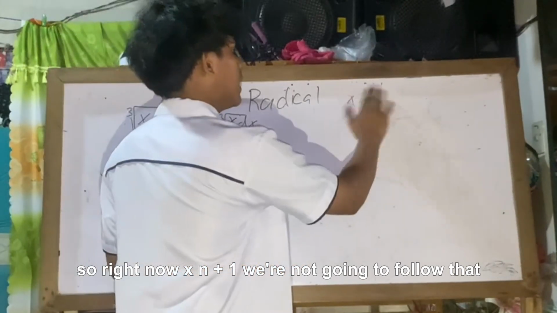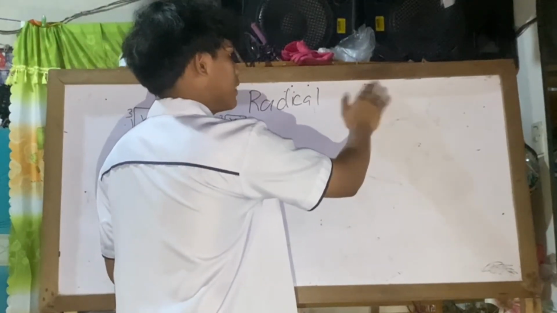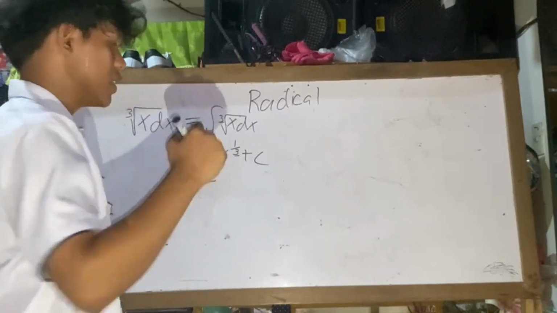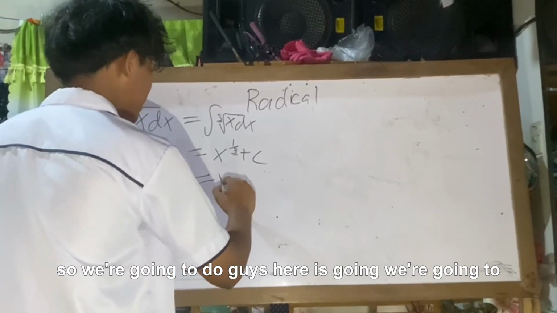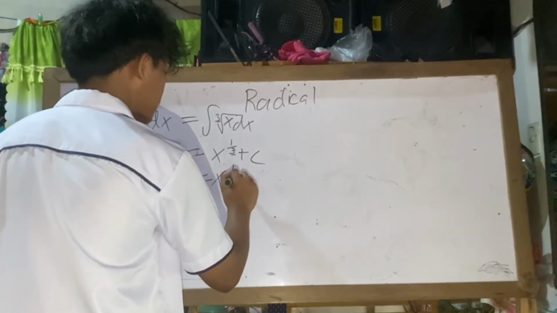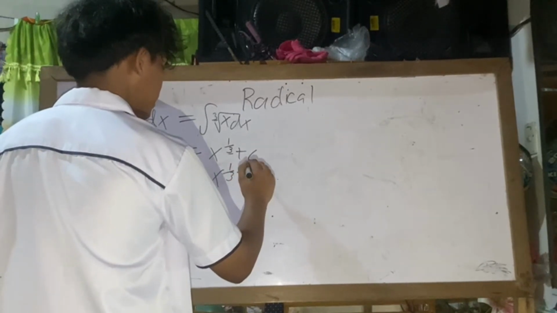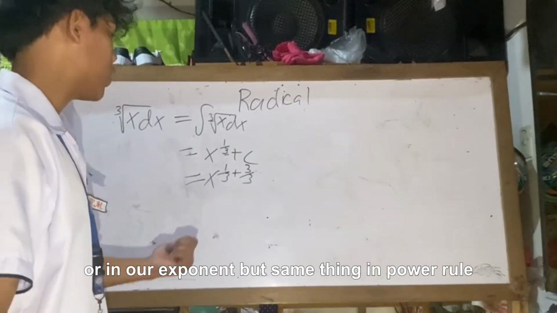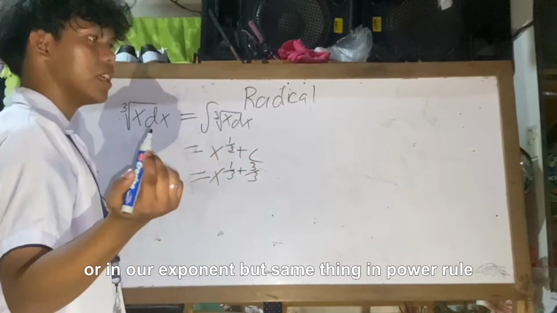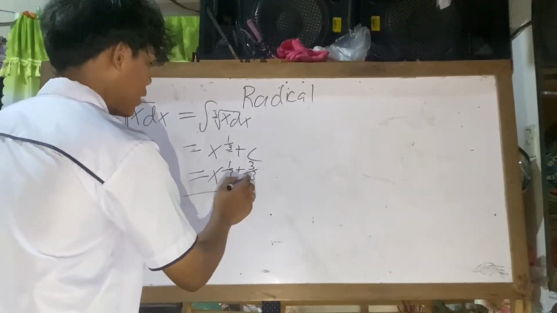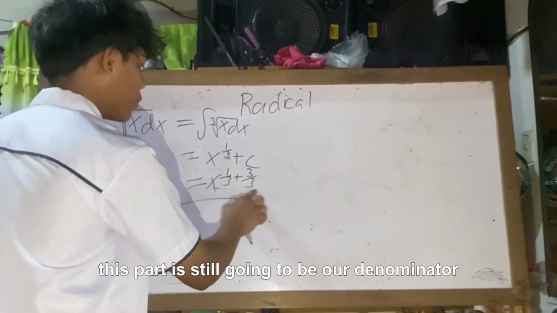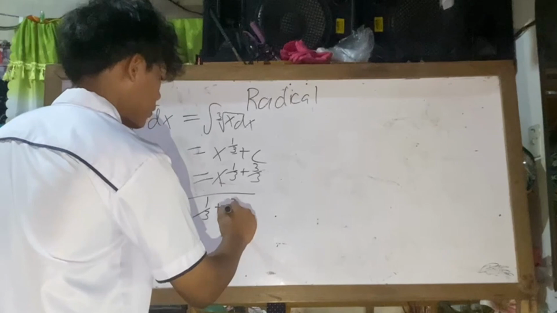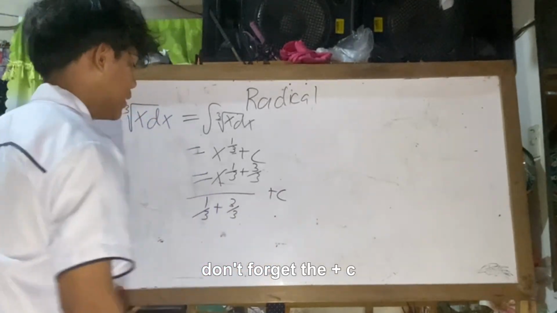Right now we're not going to follow that function since we already have the 3 here. What we're going to do is add the 3 to our exponent. But same thing in the power rule, this part is still going to be our denominator. Don't forget the plus c.